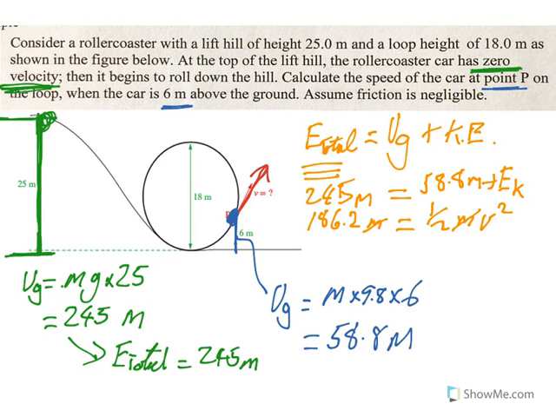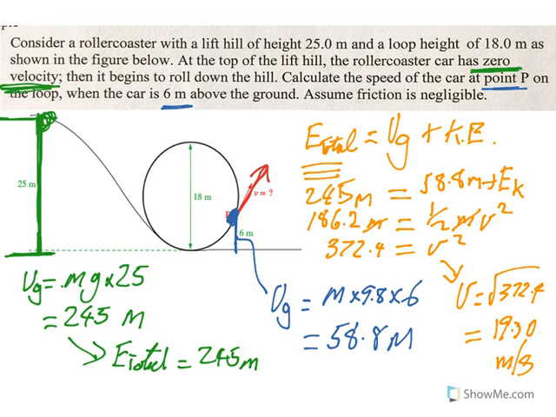Get rid of the half by multiplying both sides by 2, so 372.4 equals v squared. And so v is the square root of that, which is 19.30 metres per second.